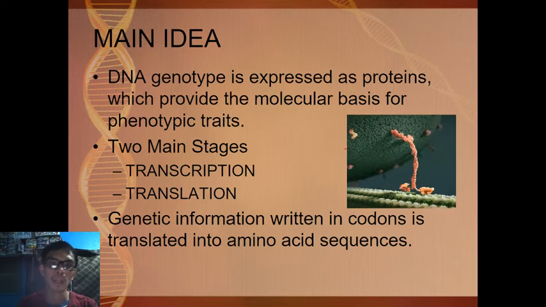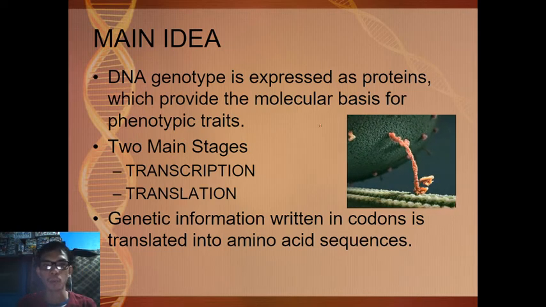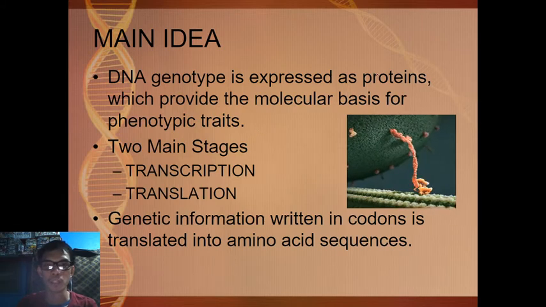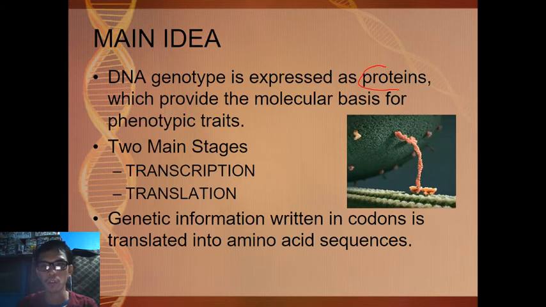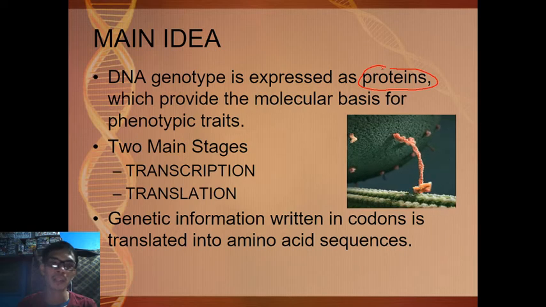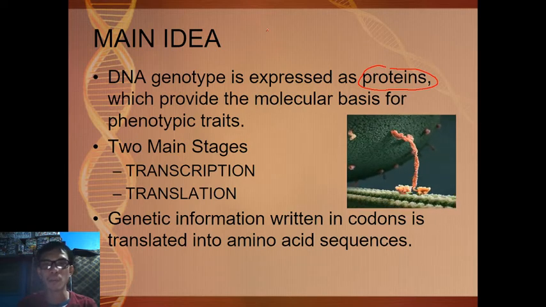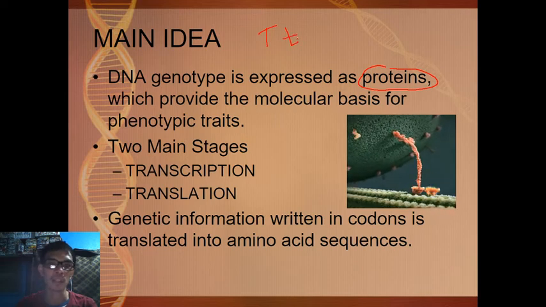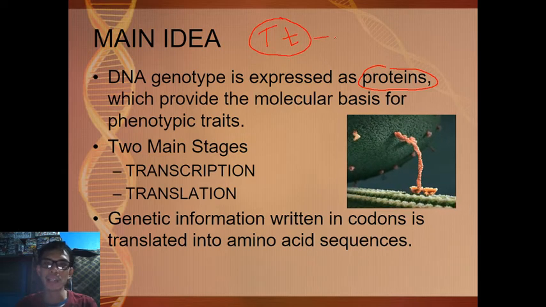So what's the main idea here? The DNA genotype is expressed as proteins, which is the molecular basis of phenotypic traits. Remember when you were in grade 8, those phenotypic traits, we have dominant and then the recessive ones. So these genes that we have right here technically are proteins.